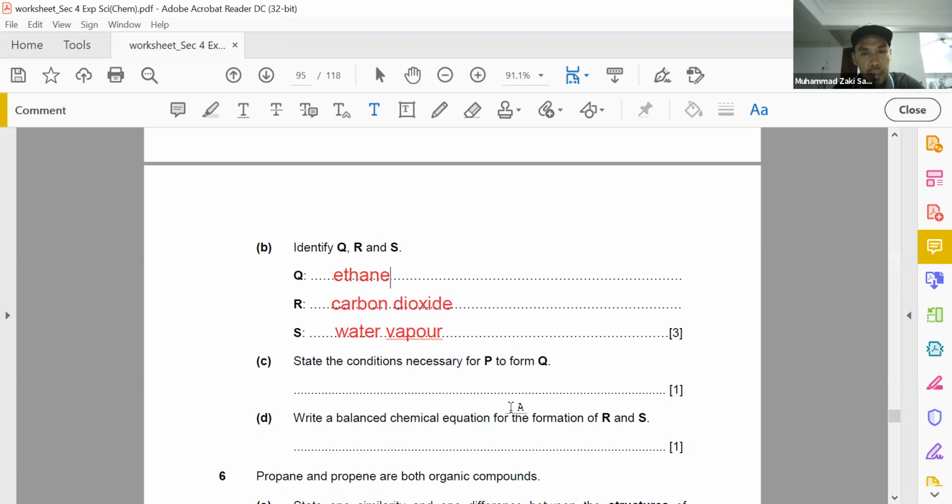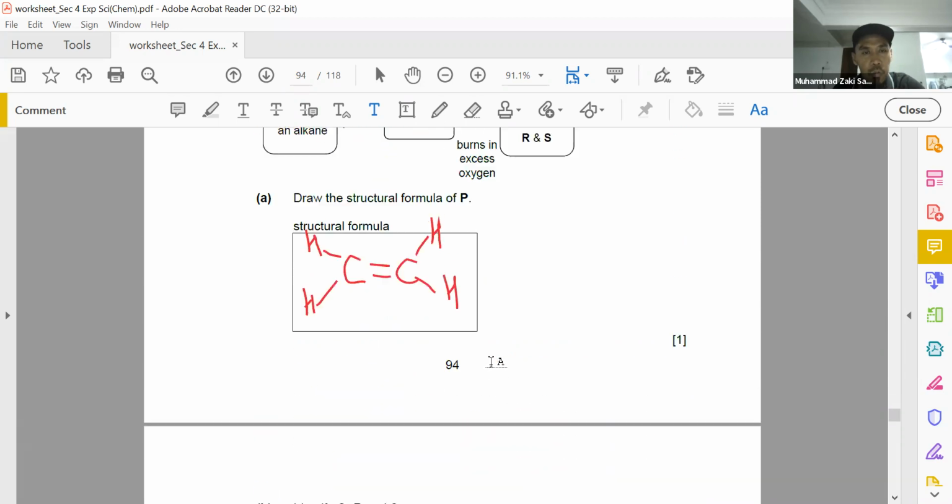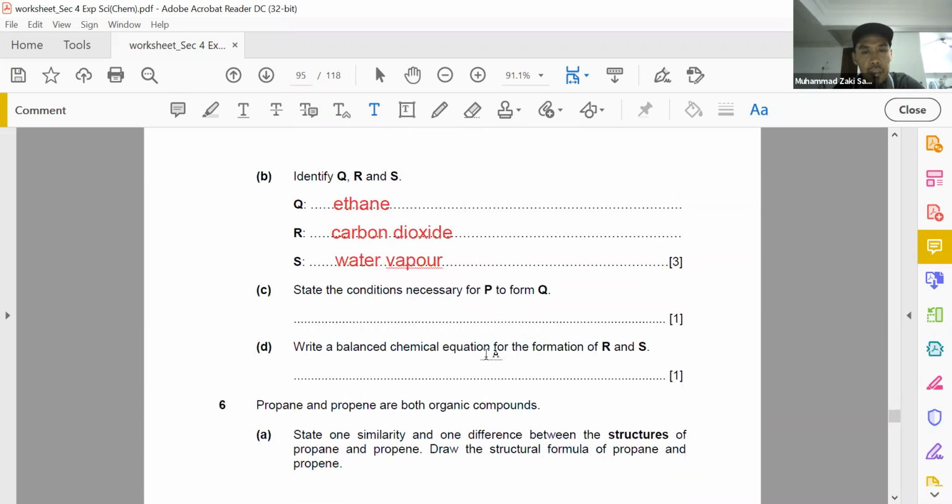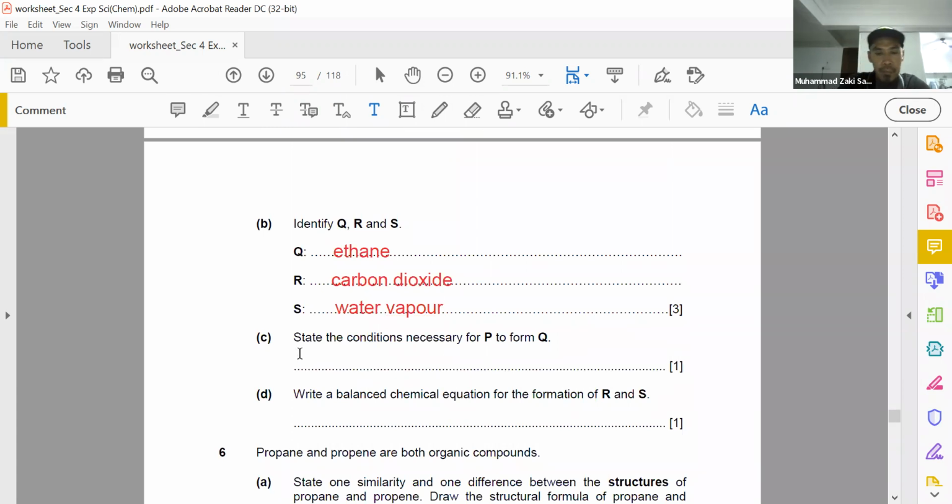What are the necessary conditions for P to form Q? The necessary conditions are hydrogen gas, nickel catalyst, 200.